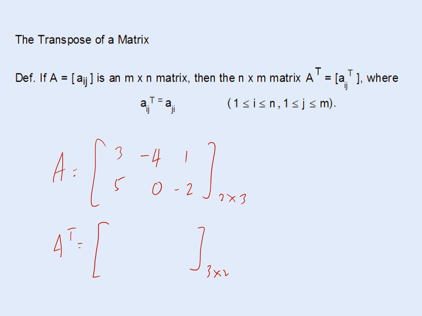So the first row of A becomes the first column of A^T: 3, negative 4, and 1. The second row of A becomes the second column of A transpose: 5, 0, negative 2. So we simply interchange the rows and the columns. The rows of A become the columns of A transpose.